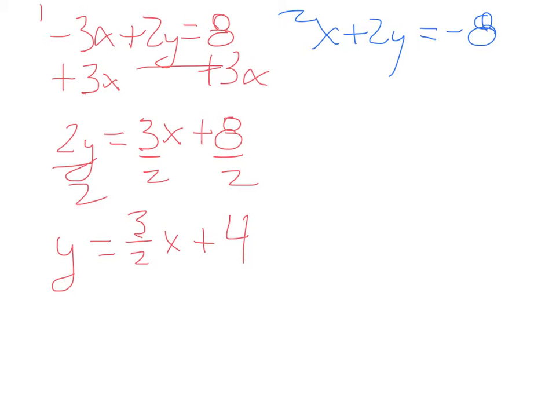Switch colors here, and I'll do the same. I'm going to subtract x. So I have 2y equals minus x, because I can't combine these, minus 8. That's an x, by the way. Let me erase that and clearly define the x. Negative x minus 8. I divide everything by 2.